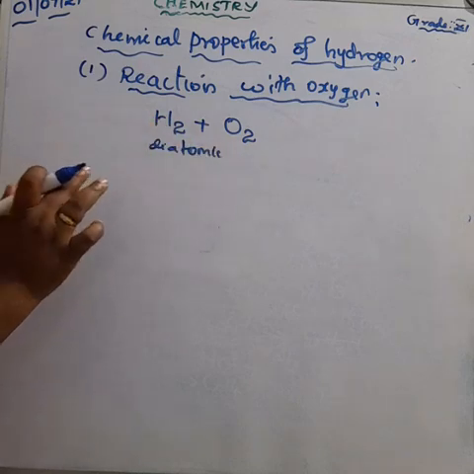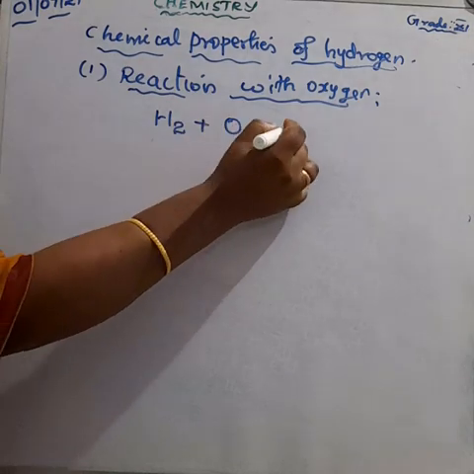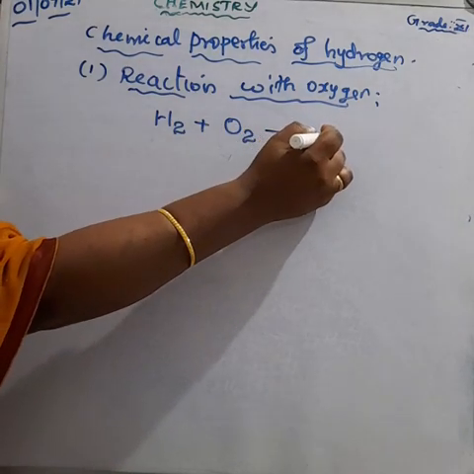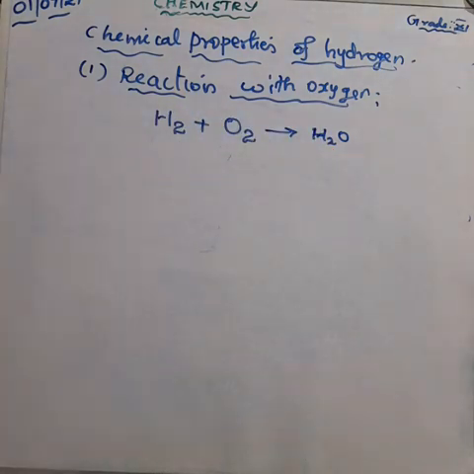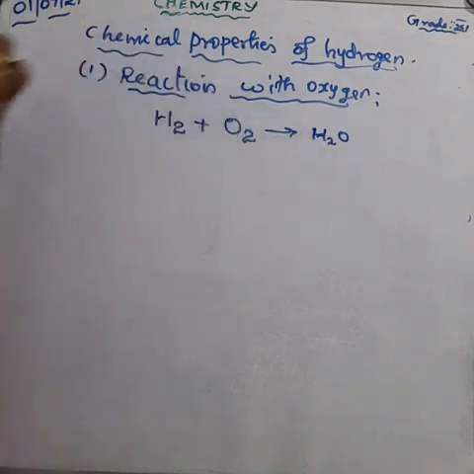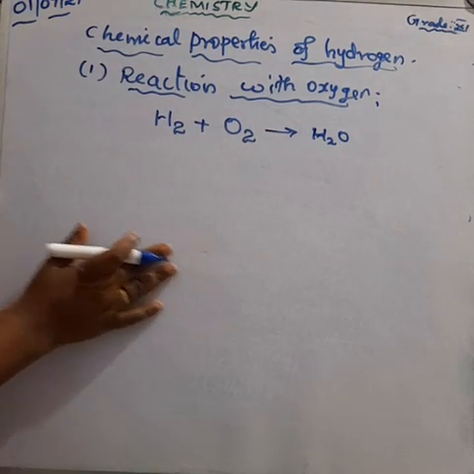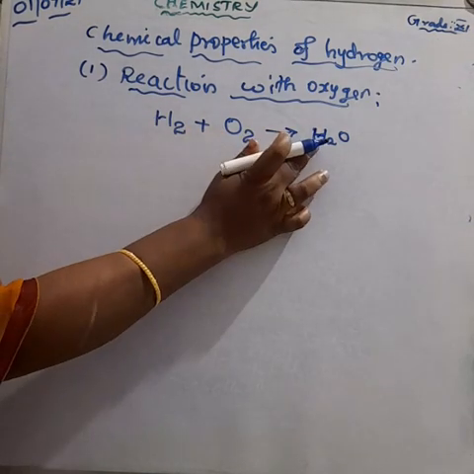Okay. When hydrogen combines with oxygen to form water, H2O. What is the formula for water? H2O. We have to balance the equation here. Hydrogen here 2 atoms, and hydrogen here also 2 atoms.